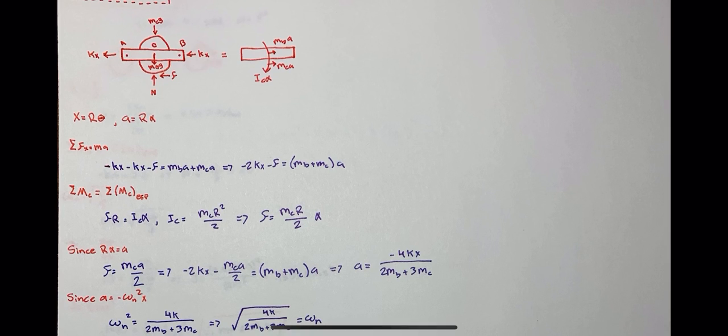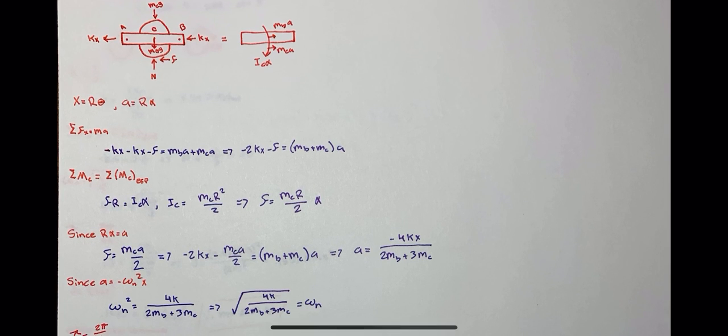So we can go ahead and draw a free body diagram of the system, and we will realize that x is equal to r theta and a is equal to r alpha. If we sum the forces in the x direction, we get negative 2kx minus f is equal to (mb plus mc) times a.